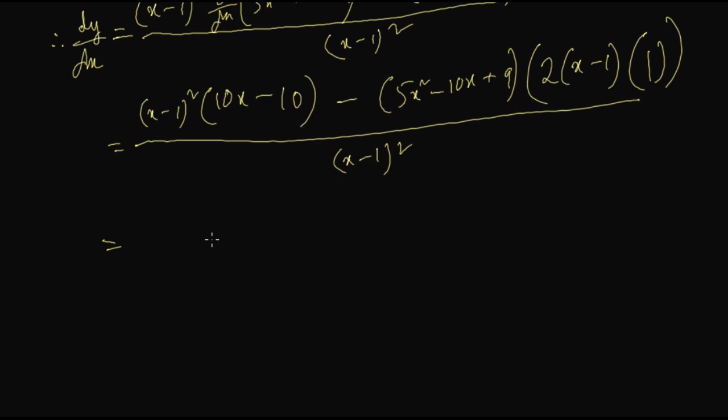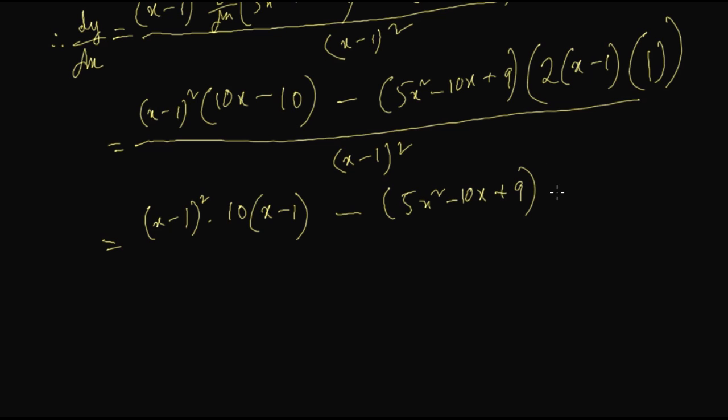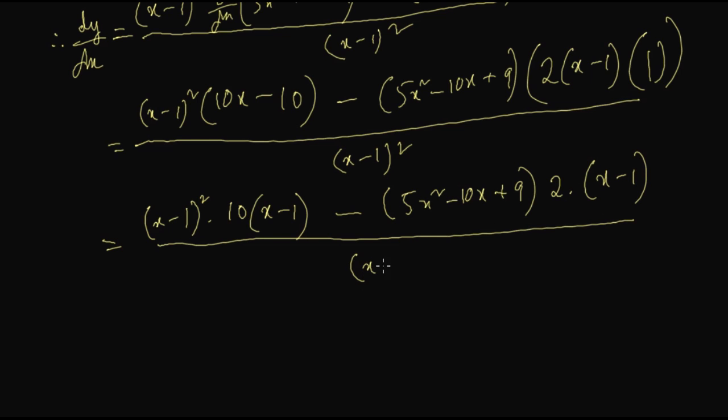So now if you take a look here, this is x minus 1 whole squared. Now if you take this 10 common, this becomes x minus 1 minus, if you write this out, 5x squared minus 10x plus 9, this is 2 into x minus 1, divided by x minus 1 whole squared.